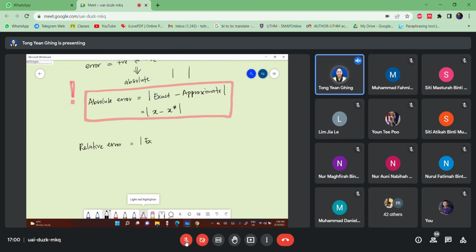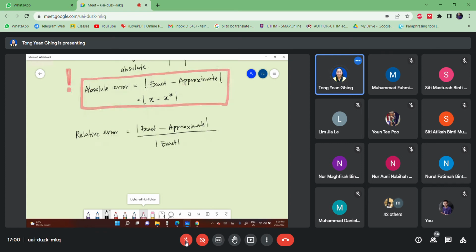That means this is the exact solution minus approximate, and then divide by exact. Ataupun kita boleh cakap this is the absolute error divide by the exact value.